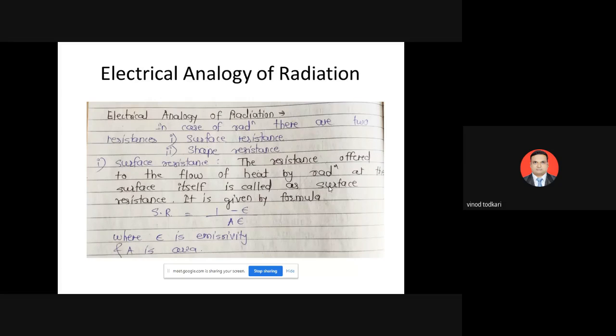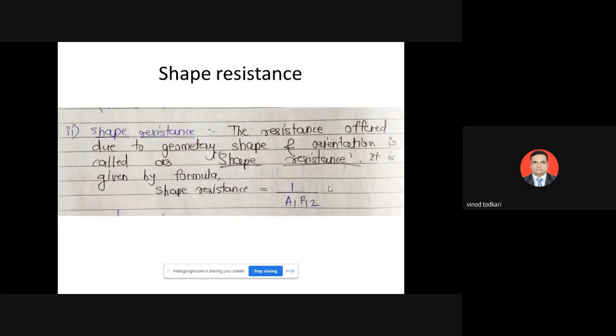It is the resistance offered to the flow of heat by radiation at the surface itself. It may be the resistance offered to emission of energy, or it may be the resistance offered to absorption of energy, right? And the next resistance is shape resistance. What is shape resistance? The resistance offered because of geometry, shape and orientation, that is called shape resistance.